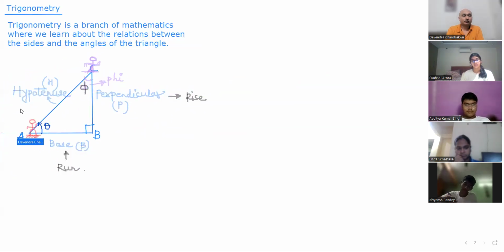Now coming back to what we are dealing with in trigonometry. We are dealing with the relations of sides and the angles of a triangle, right?